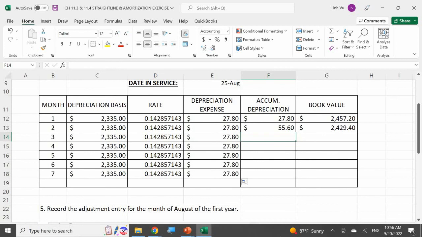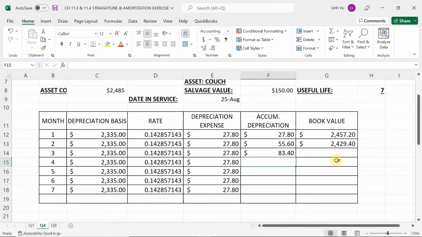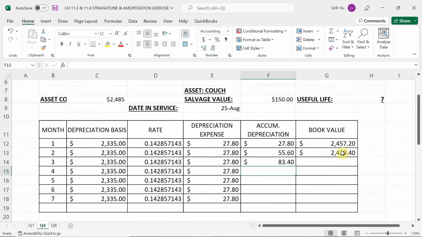So what's my accumulated depreciation for month 3? $83.4. So what's my book value going to be? $2,401.60.